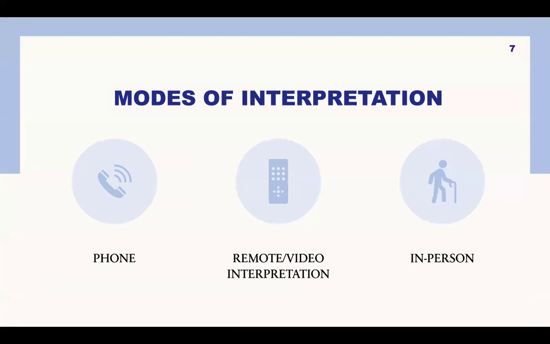Remote or video interpretation enhances engagement by allowing visual cues and fostering a more personal connection, which can be especially important in educational settings. In-person interpretation provides the most direct interaction, enabling nuanced communication and building trust between the educator, the interpreter, and the learners. Each method has its strengths and can be effectively utilized based on the specific needs and the circumstances of the individuals involved.